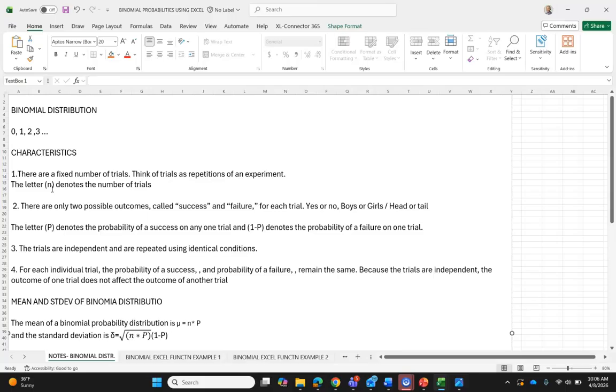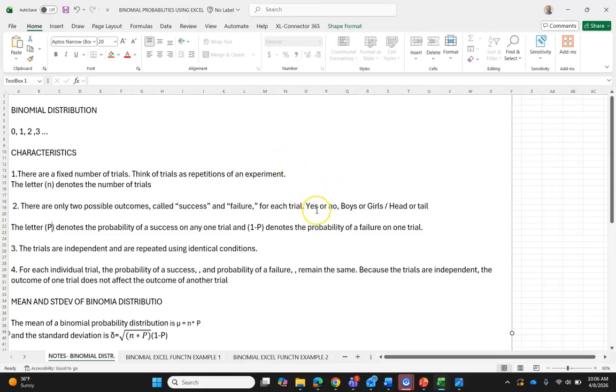Each trial comes up with two possible outcomes. The first outcome is success, and the second one is failure. So for each trial you either succeed or fail.